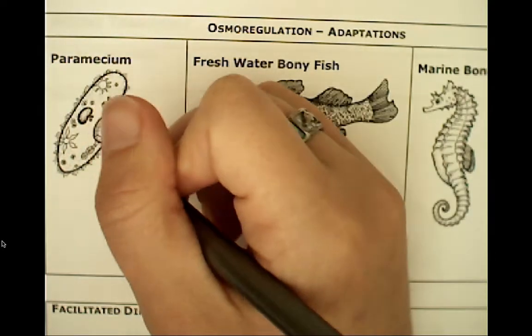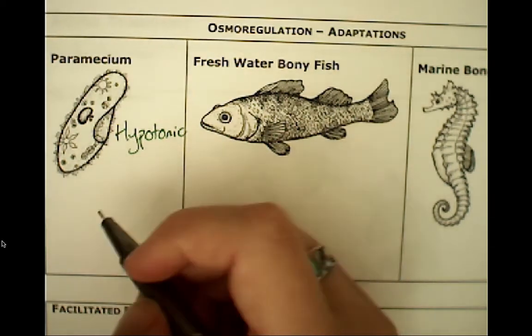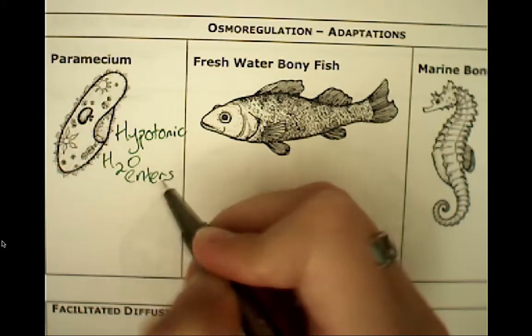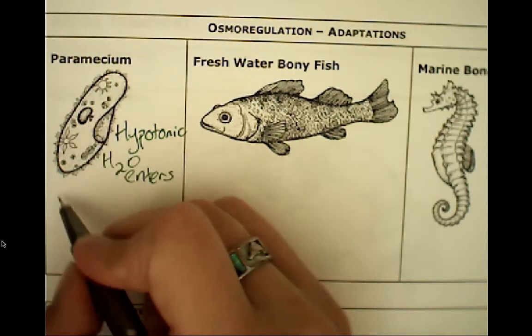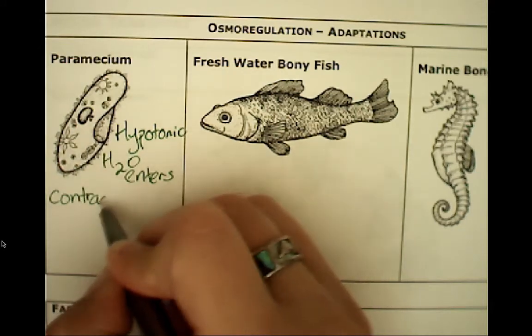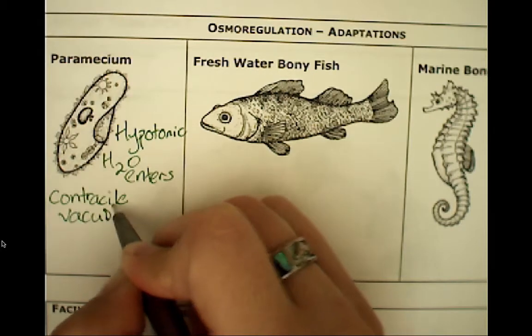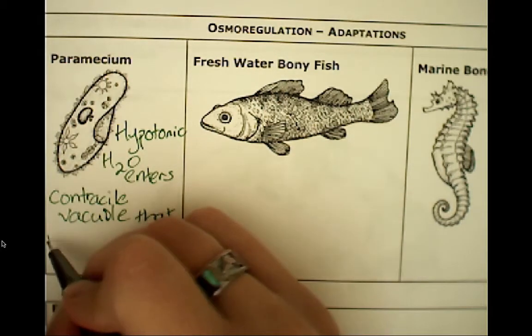So there's more solutes inside the cell than outside. So if you think about it, water enters. And what happens is they have a contractile vacuole that actually pumps water out. That's how they adapt to that situation. So contractile vacuole that pumps water out.